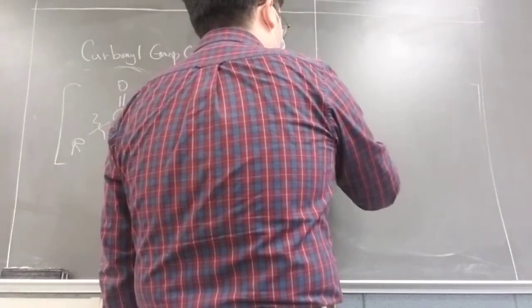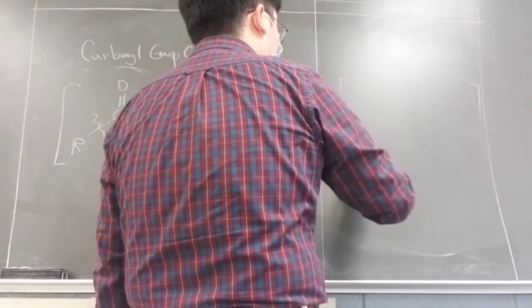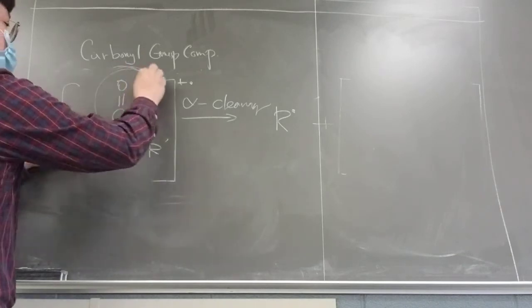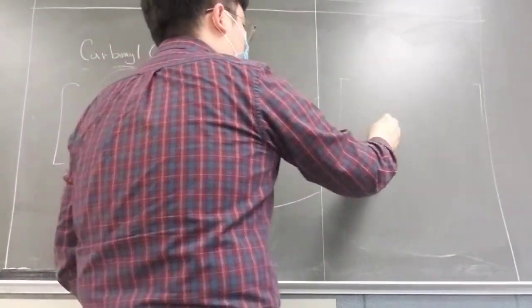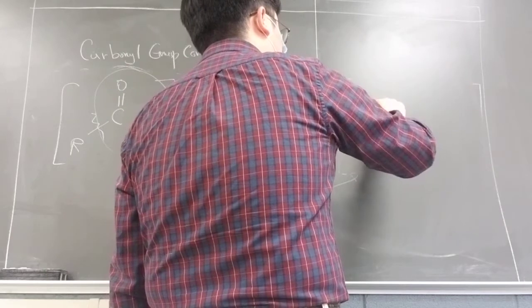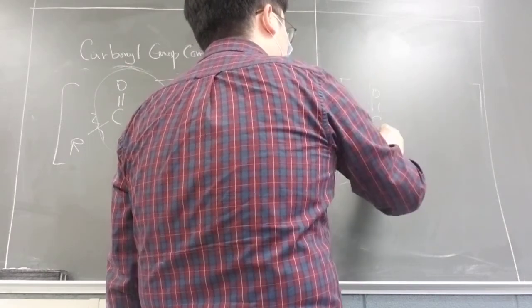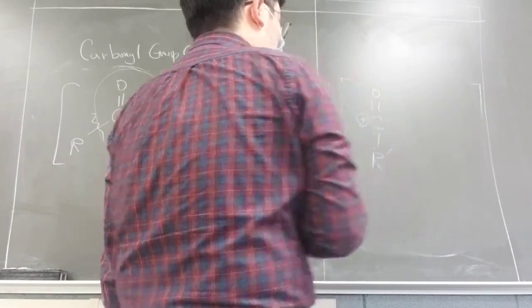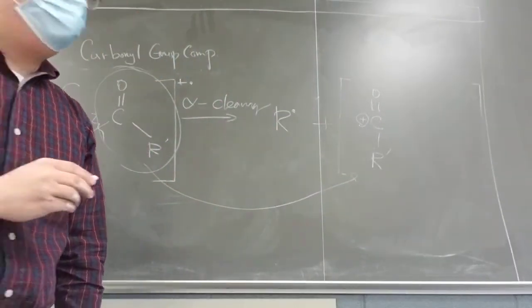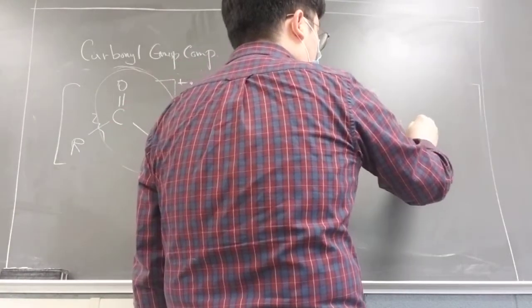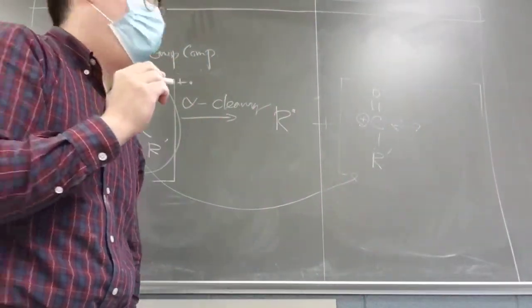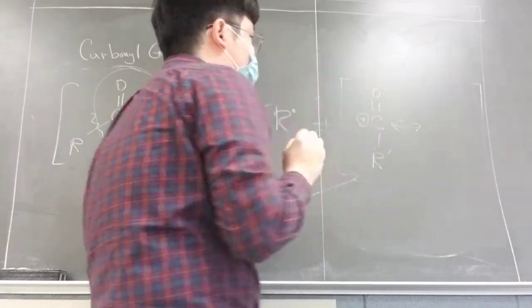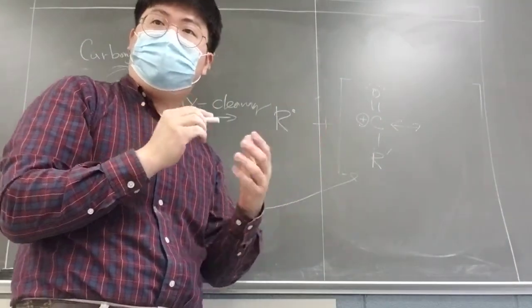And then you're also going to have this one over here. So when it breaks apart, this goes to there. So you can have this one, okay? And then like you did before for the other functional group compounds, oxygen has two lone pairs, as you know, because it's also a group 6 element.